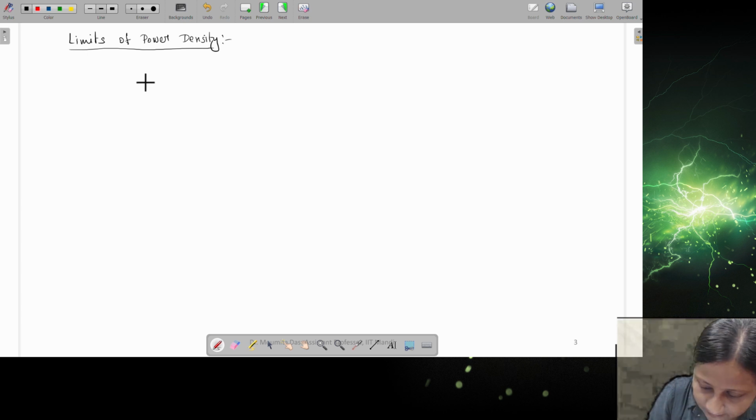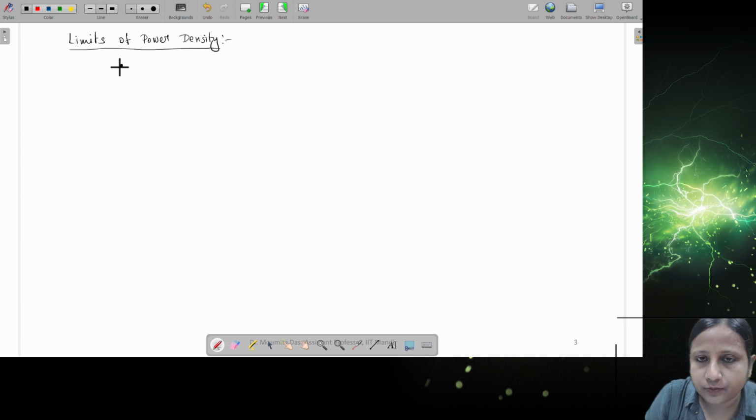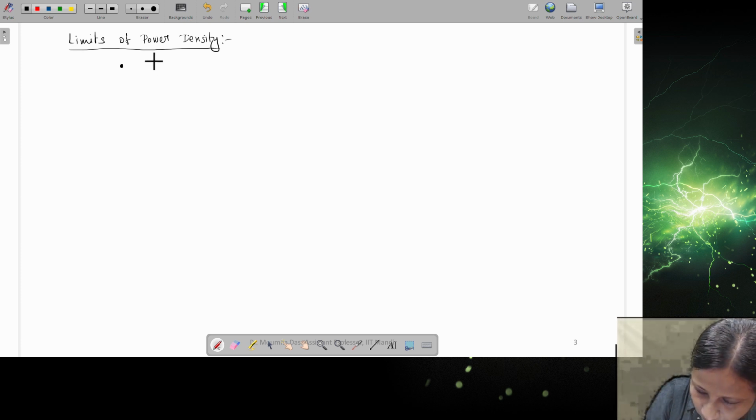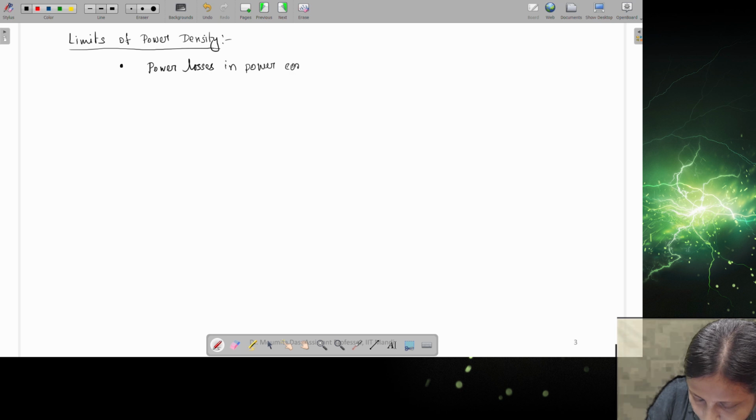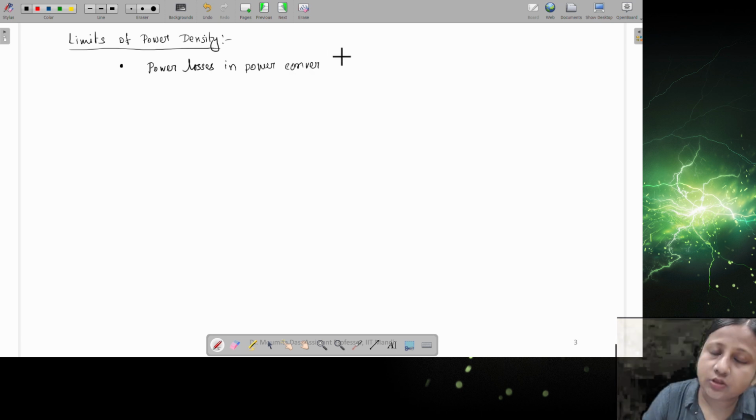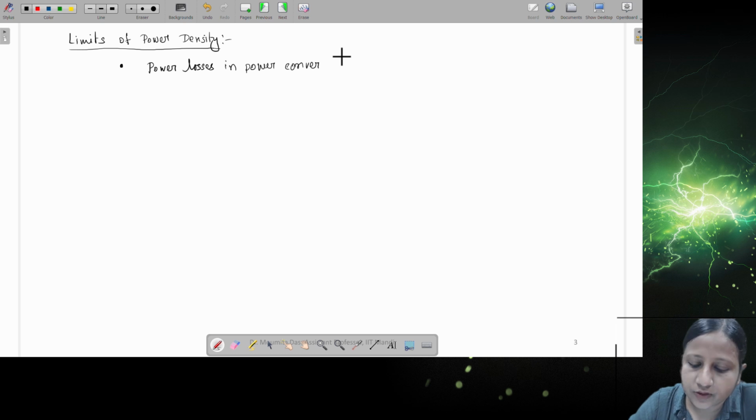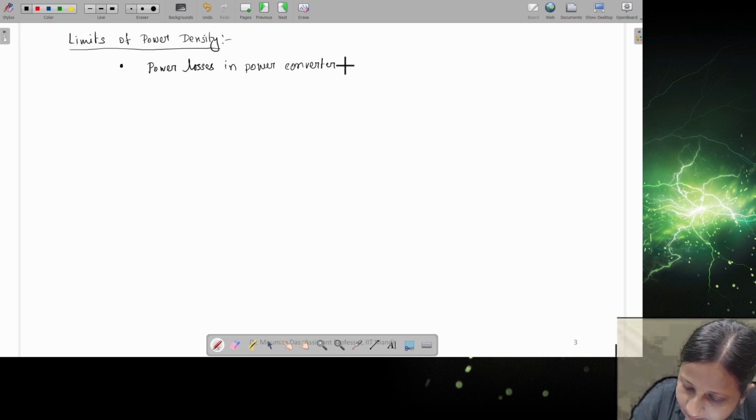There are different limiting factors of power density operation. One is power losses. The power losses which happen in the power converter come in the way of achieving a high power density system. Now, what are these losses?